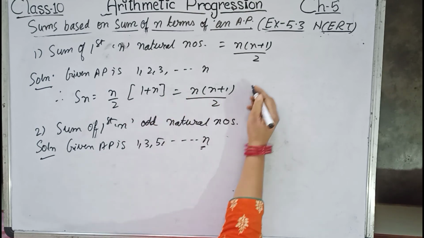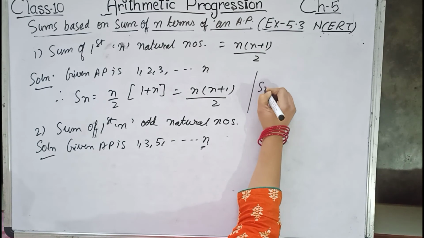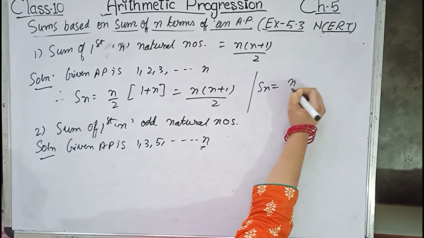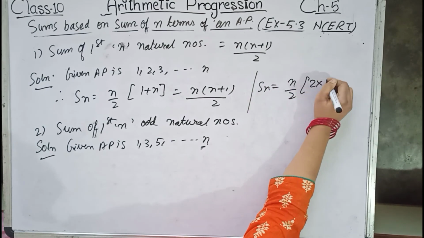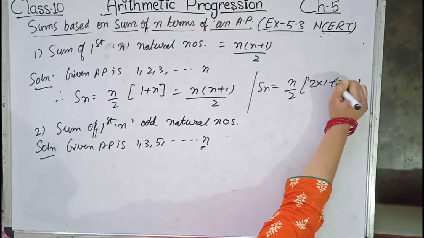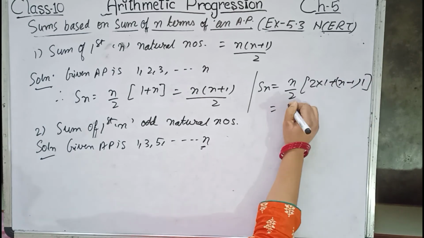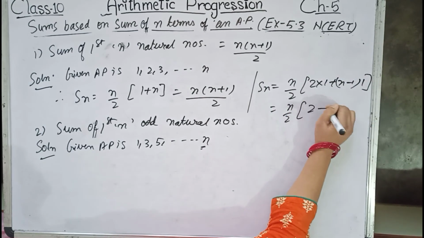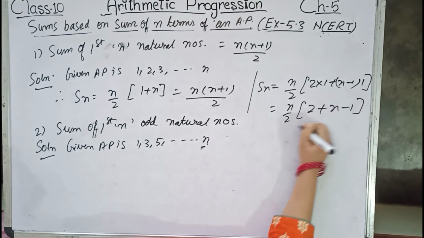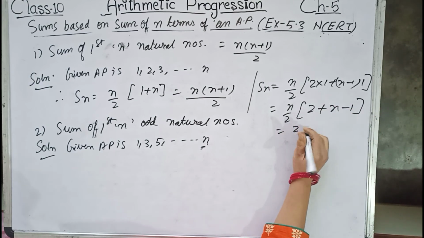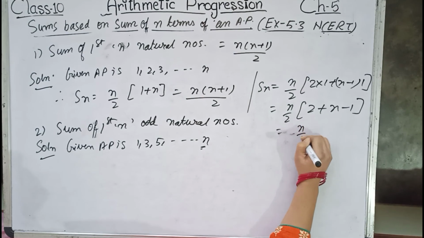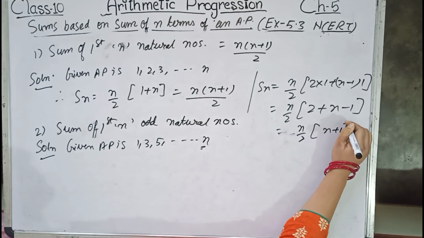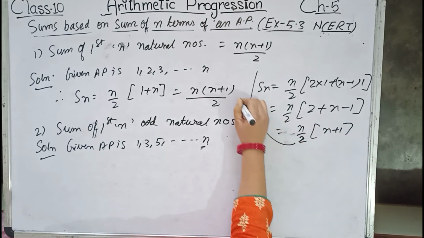You see why? Suppose over here I use the formula of a and d, that is n by 2, 2a plus n minus 1 into d. So I'll be getting the same thing, that is 2 plus n minus 1, that is 2n by 2, sorry, n by 2, and over here n plus 1. So I am getting the same thing as over here.